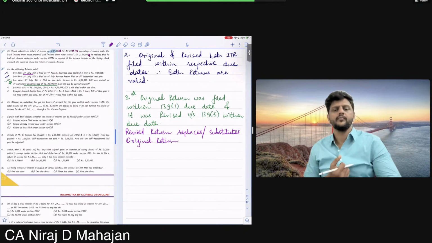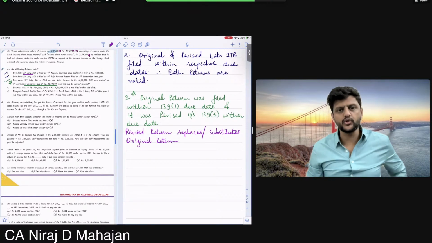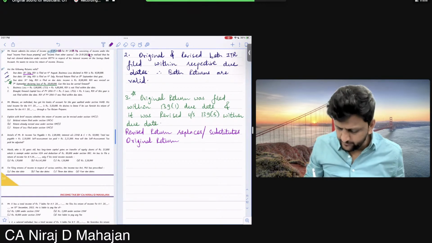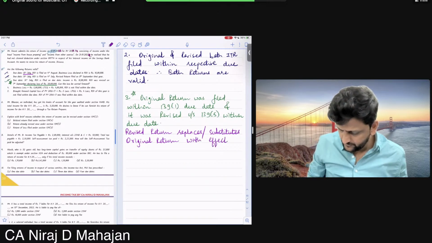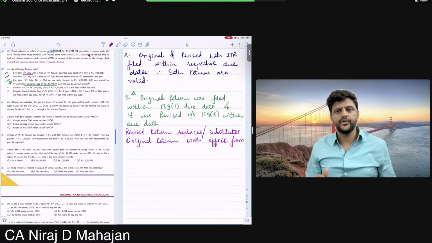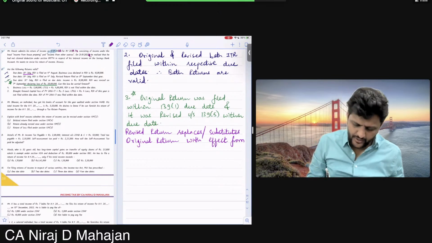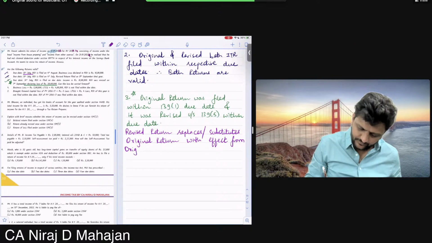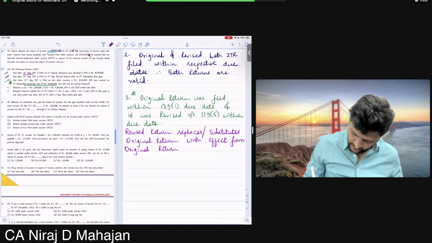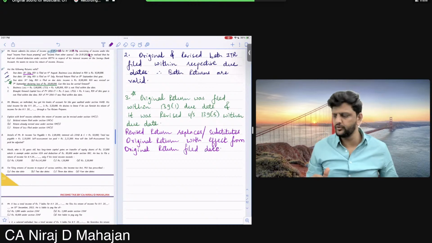Correct? The revised return replaces or substitutes the original return with effect from the original return file date, right? Done, all of you?